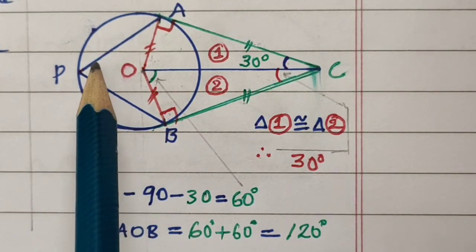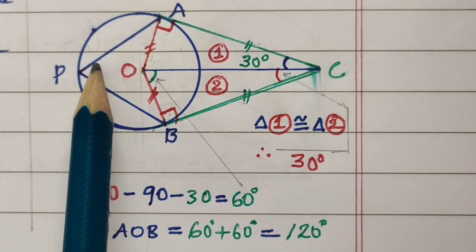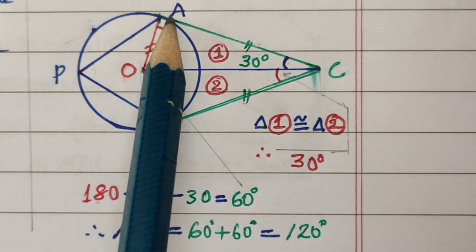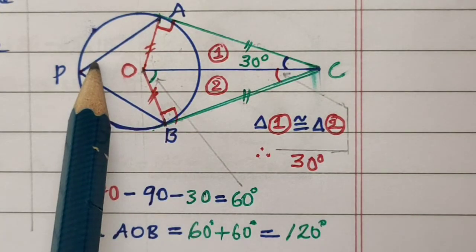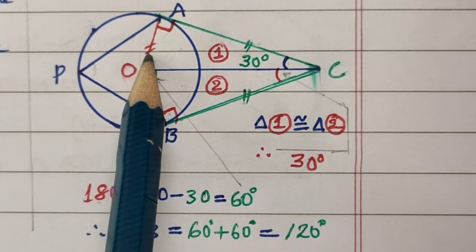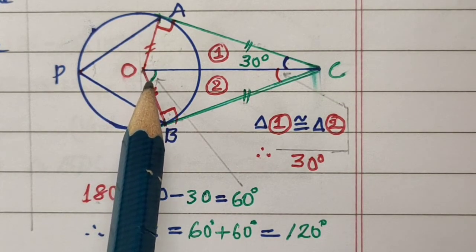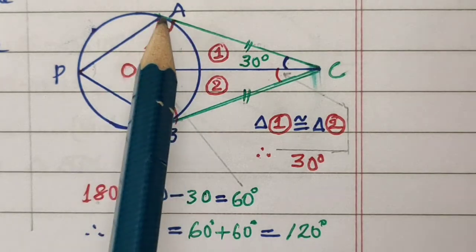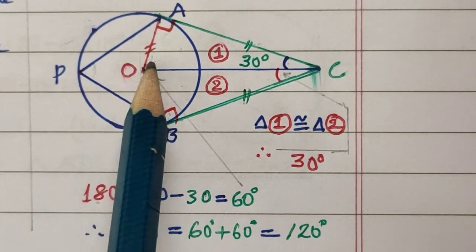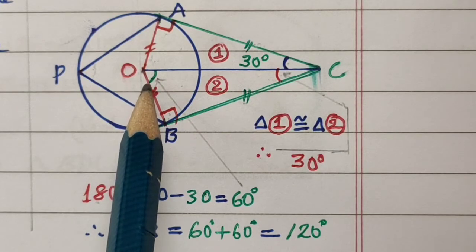Then we have to find out the third part of this question. We know that the angle made by an arc at a point on the circle, any point on the circle, is half of the angle made at the center of the circle.